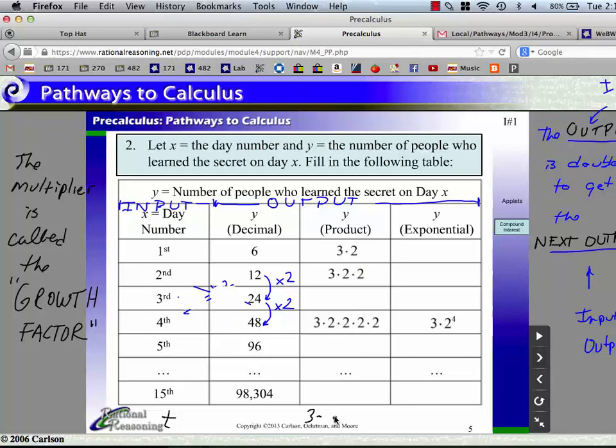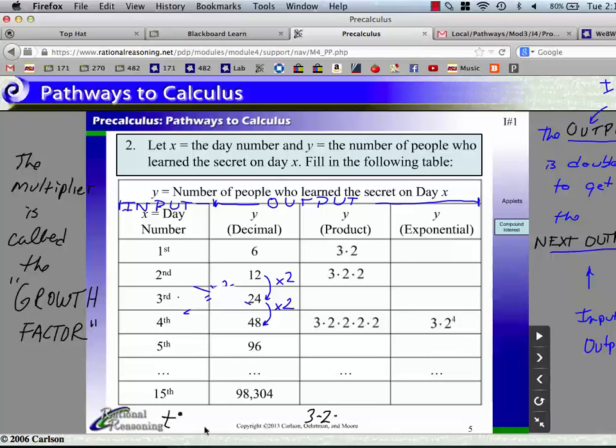What will it be? 2 times t. 3 times 2 times t. Austin, what do you think? 3 times 2 to the t. Okay, product notation. What is it? What's happening? After t days, how many people learn the secret? You want to try again? No. Shola.